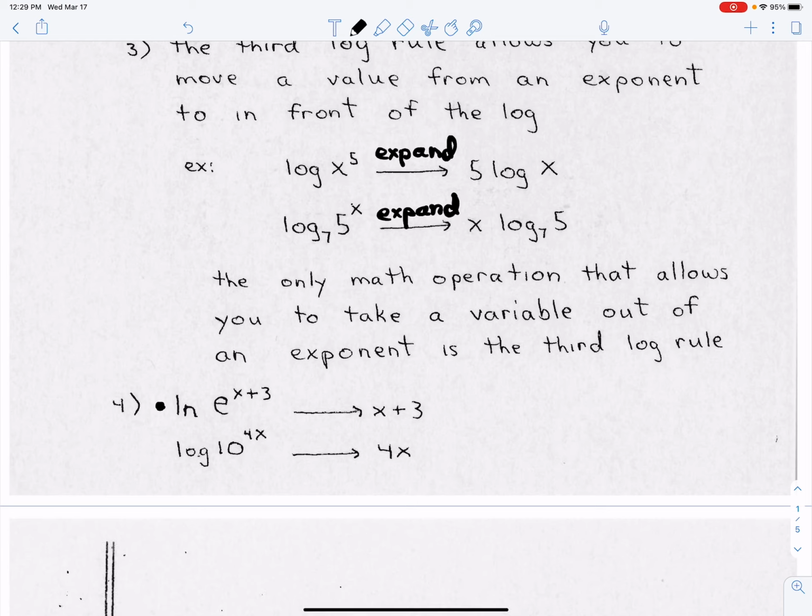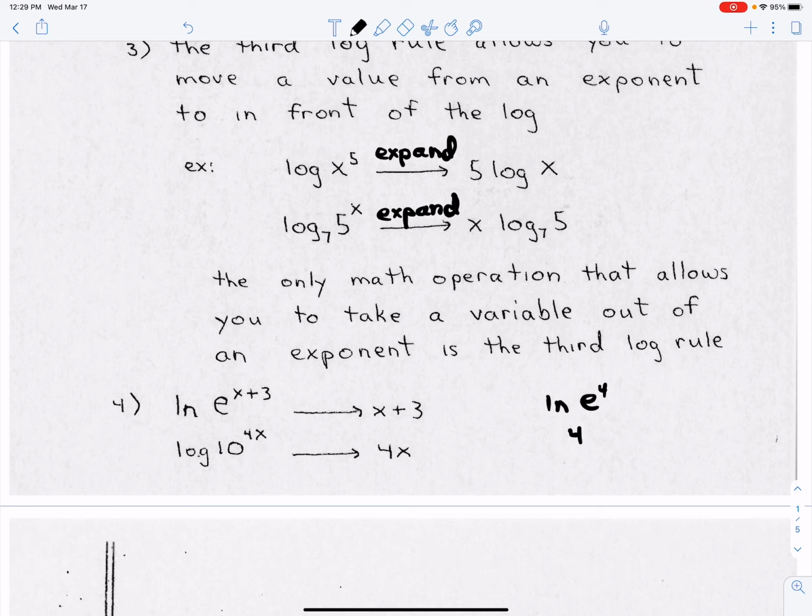E. Not because this is an E, but because the natural log means log base E. Well, how do you simplify a log? You get the bases the same and tell me the exponent. So the natural log of e to the x plus 3 power is just x plus 3. It's like saying this. If I had the natural log of e to the 4th power, the answer would just be 4. Why? Because the bases are the same, so you tell me the exponent.